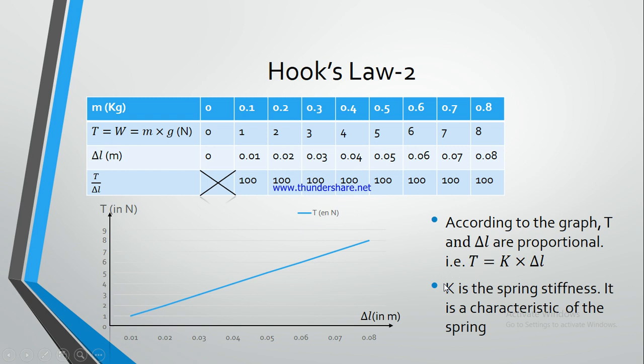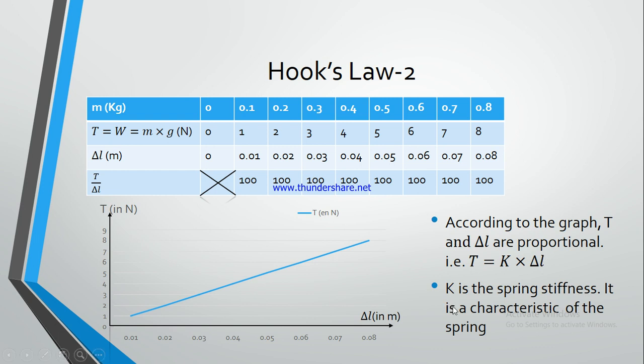Hooke tried this experiment on different springs, and he concluded that K changes with respect to the spring, not with respect to the mass. So for the same spring, K is constant, but if we change the spring, K changes, unless the springs are identical. If two springs are identical, they have the same constant K.